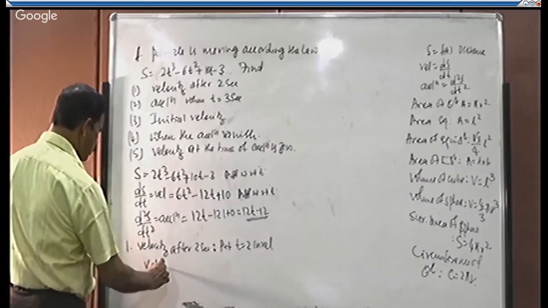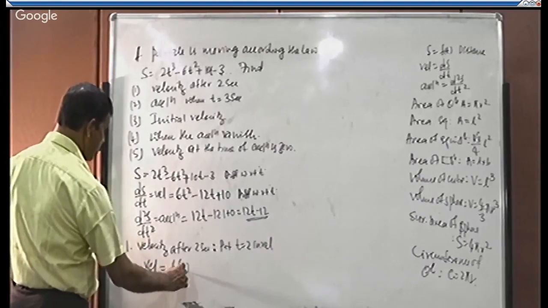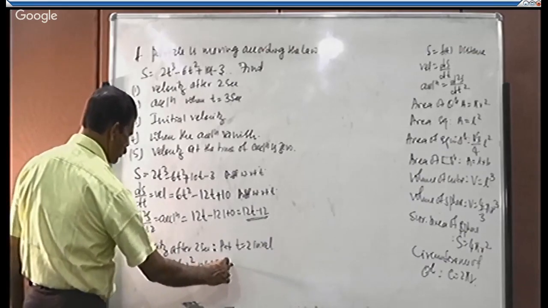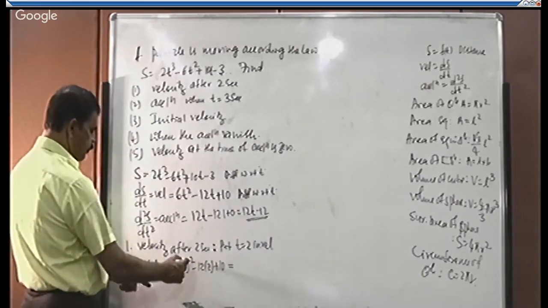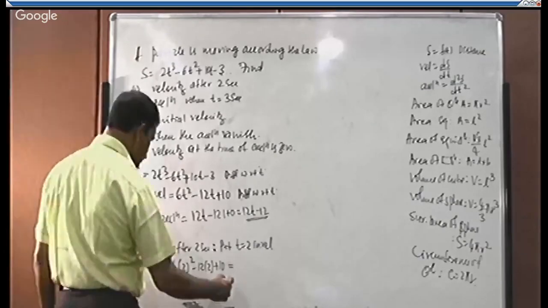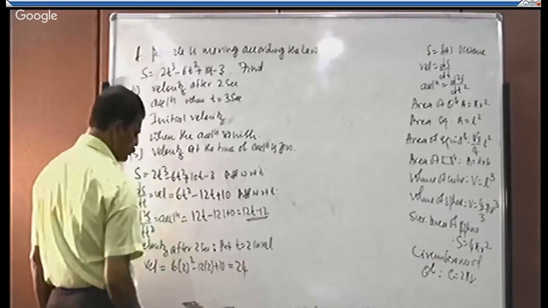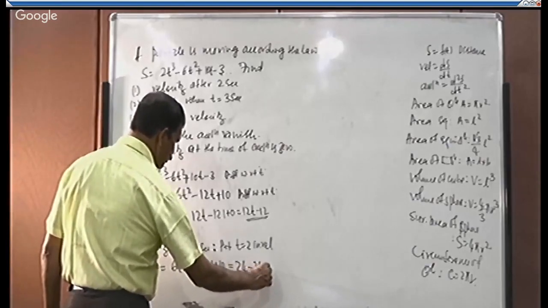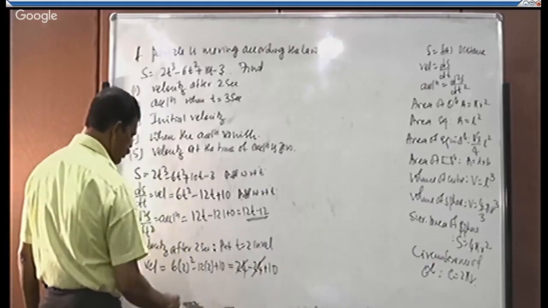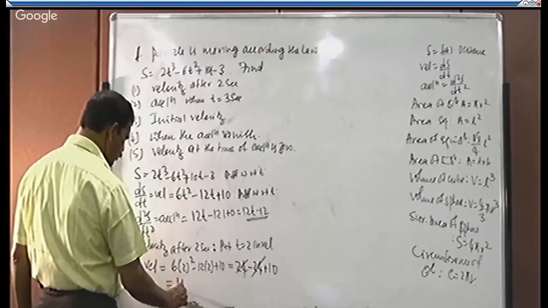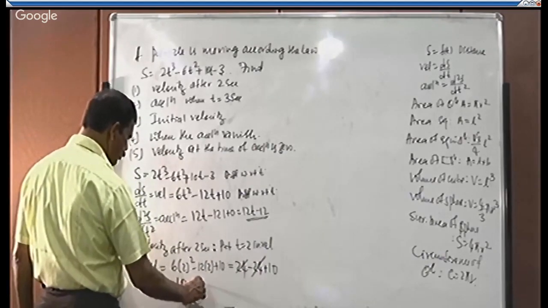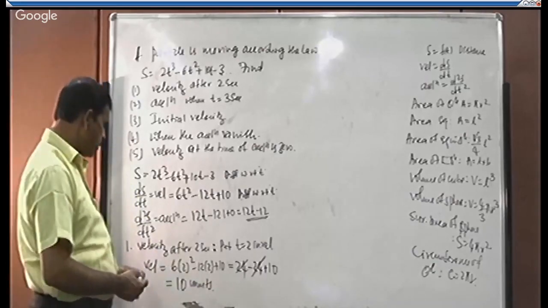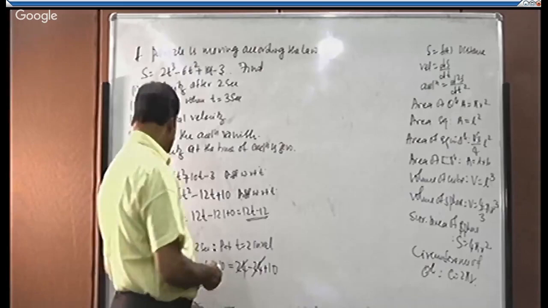Therefore, velocity is equal to 6 into 2 square minus 12 into 2 plus 10. 2 square is 4. 4 into 6, 24. Minus 12 into 2, 24, plus 10. Minus 24 plus 24 cancel. So velocity is equal to 10 units. If the distance is mentioned in meters, then the velocity becomes meters per second.